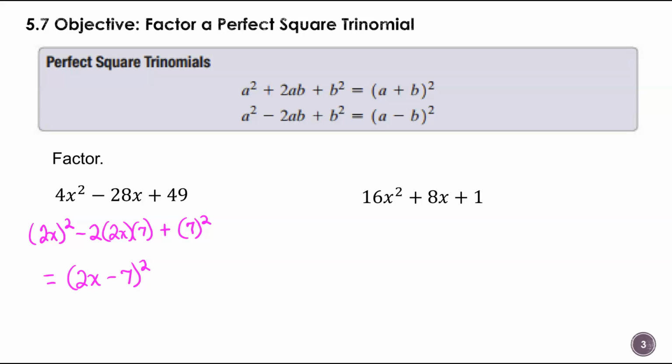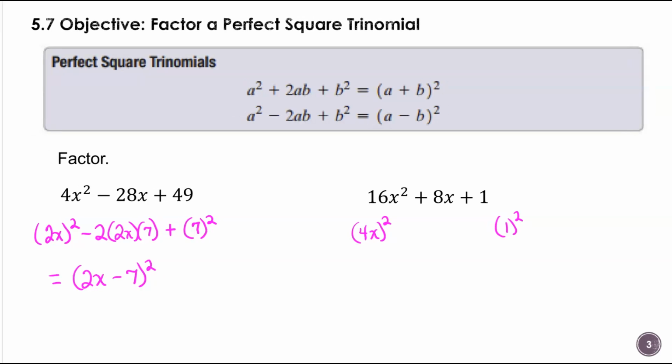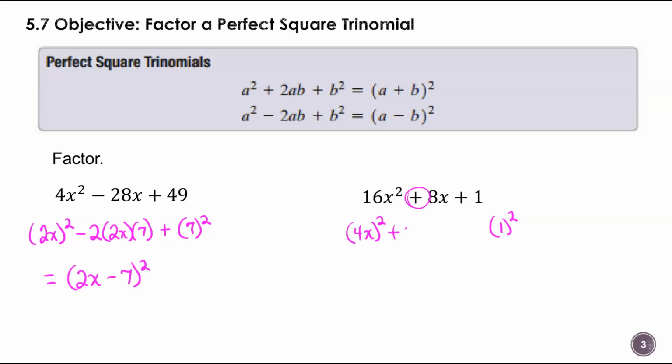All right, next we have 16x squared, which is 4x times 4x, right? So my a is 4x, my b is 1. 1 squared is 1, 1 cubed is 1, 1 to the 4th is 1, and so on. This is a positive here, so it'll be a plus 2 times a times b.